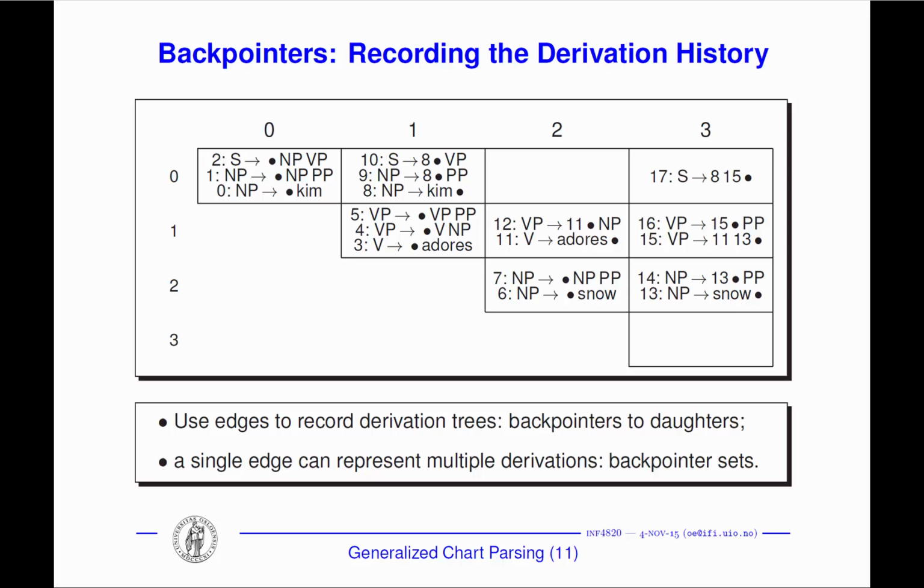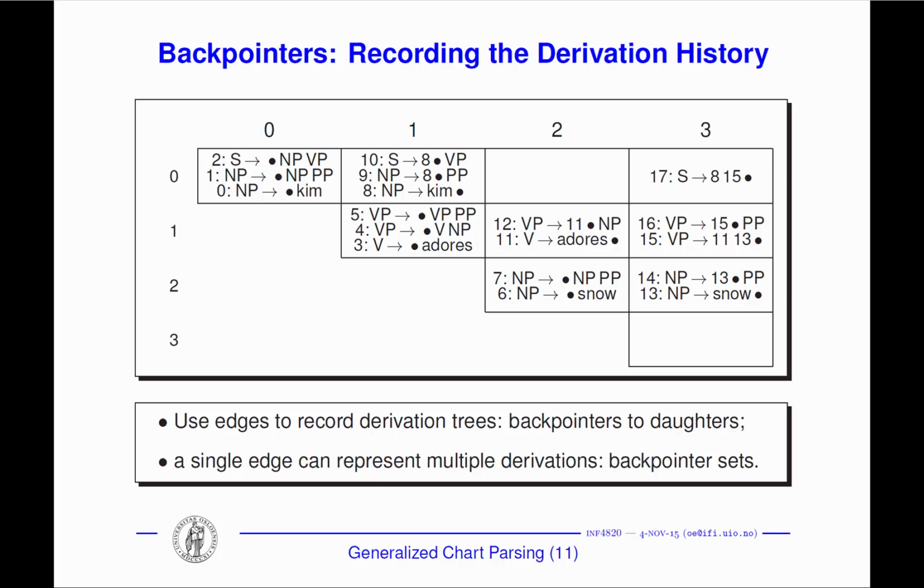How do I get the local ambiguity factoring? It still has to be the case that there is a set for each cell. I don't want to end up with multiple entries that have the same left-hand side category alpha. But what I can do is have a single edge represent multiple derivations. That is, a single passive edge has its category alpha, and it can have a set of backpointer sequences.